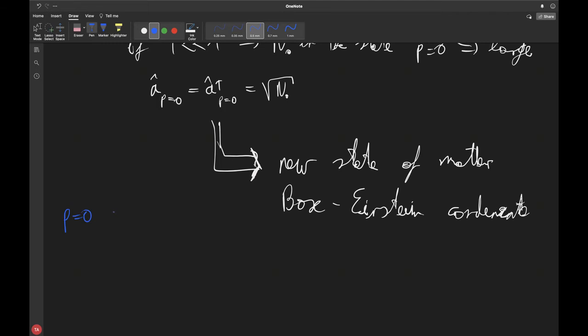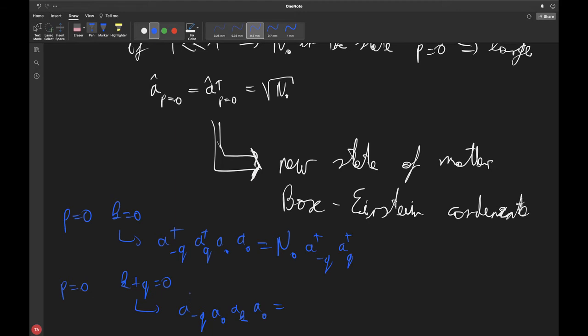When p is 0 and k is 0, we get a minus q, a q, a0, a0, where the a0 are daggered, so that will just lead to an n0 of a minus q dagger and a q dagger. Then for the next case, where p is 0 and k plus q is 0, that will lead to a minus q, a0, a k, a0, where the first two were daggered, and so this will lead to n0, a dagger, a k, and so on.